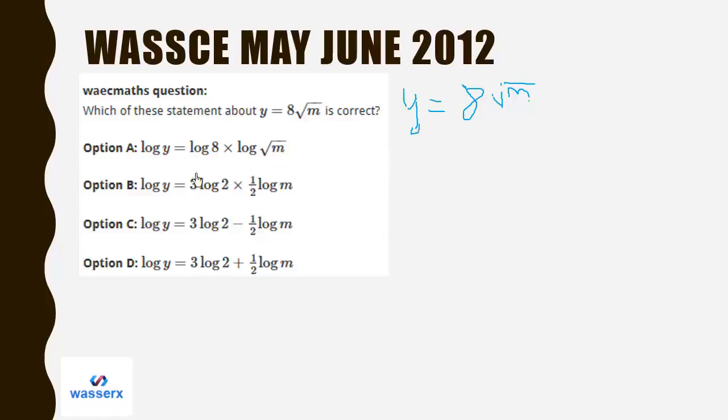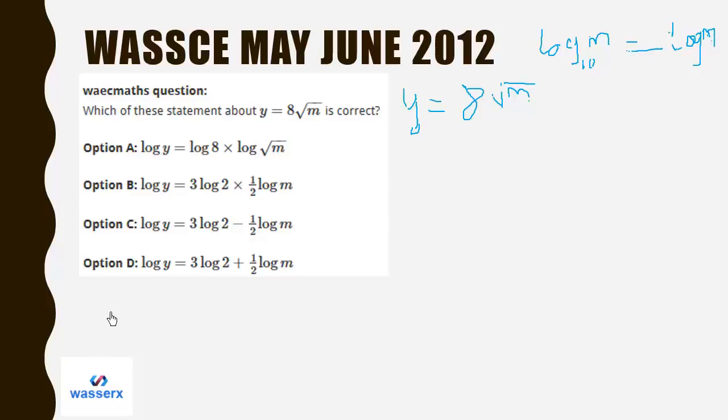Now I forgot to tell you that if we have log to base 10 of any number, we can simply write it as log m. So if the base is not written, then it is in base 10.